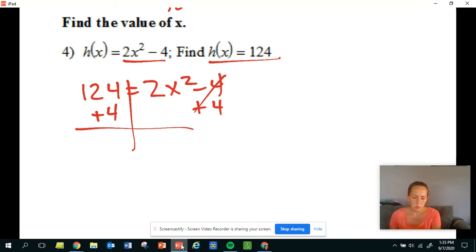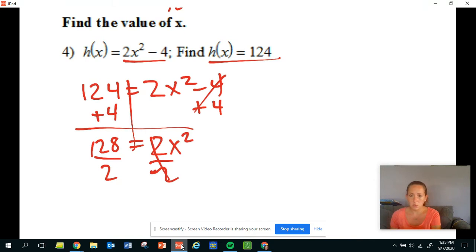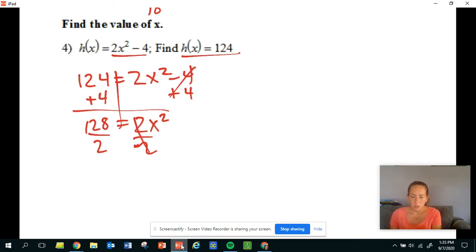So 128 equals 2x squared. Then to get rid of that 2, I have to divide on both sides. That's a weird looking 2. But it's a 2, just so you know. So 64 equals x squared, and if you'll remember, the opposite of squared is a square root, which looks kind of like a checkmark box thing, which is called a radical.